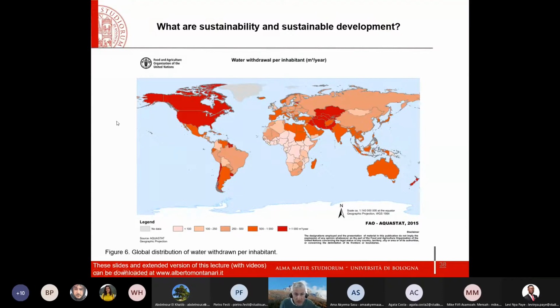Okay, and this is the water withdrawal per inhabitant, which shows how much water we use per capita. And again, where you see the darker color, it means that in those countries, people are using a lot of water. And keep in mind that the water usage is directly connected to wealth, to societal well-being, which is a good thing, because when you see that countries are using a lot of water per capita, it's a good thing in general.